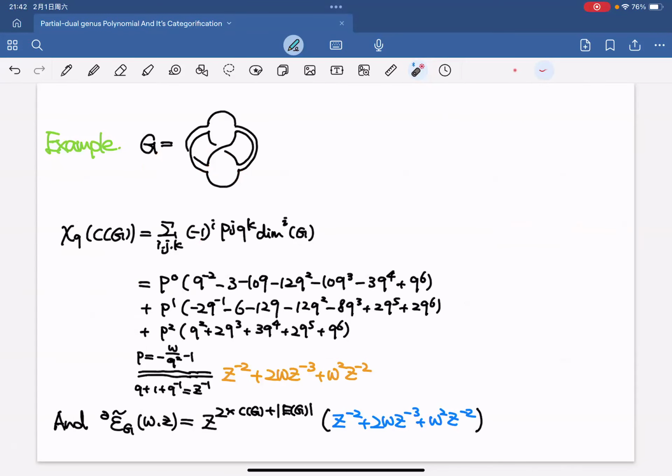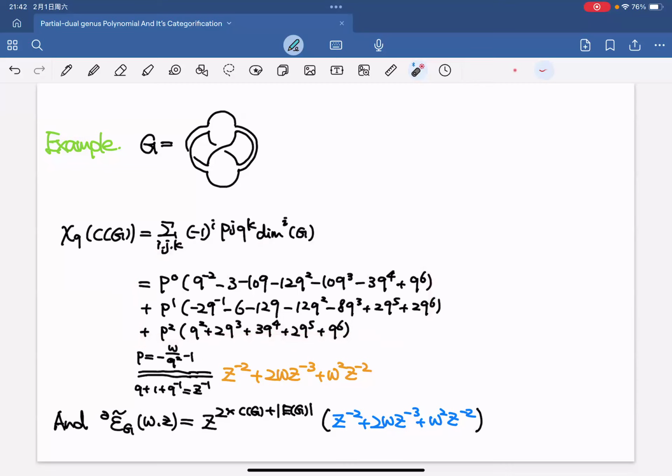Here is one example. For this example, we have calculated the partial dual genus polynomial and also the graded partial dual genus polynomial. So for this, we can find that the Poincaré polynomial of the homology is something like this.